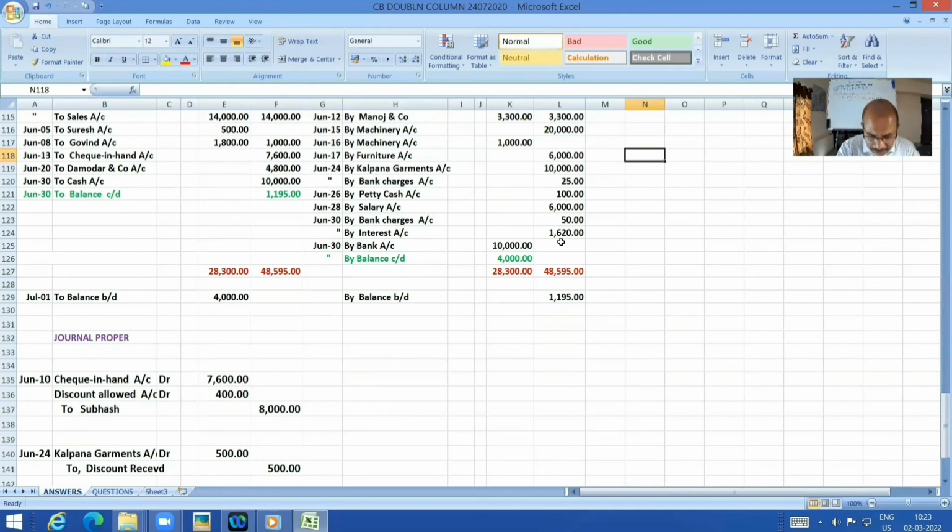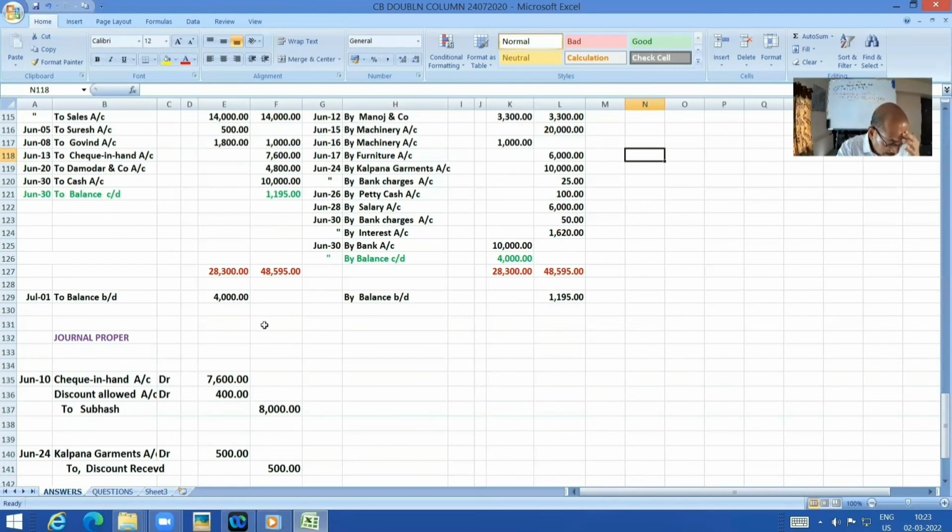Paid salary by cheque. By salary 6,000. Very simple. Bank charges 50. By bank charges 50. By interest 1,620. Interest means don't necessarily show it on the debit side. They said bank charges 50 and interest 1,620 charged by bank.